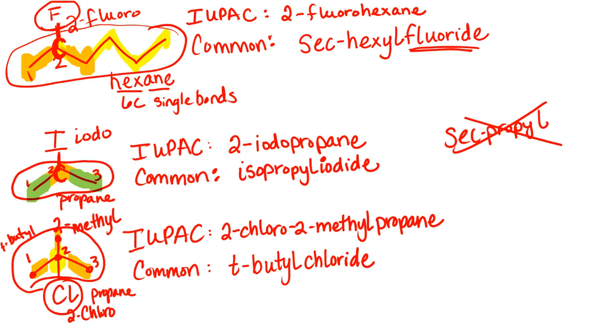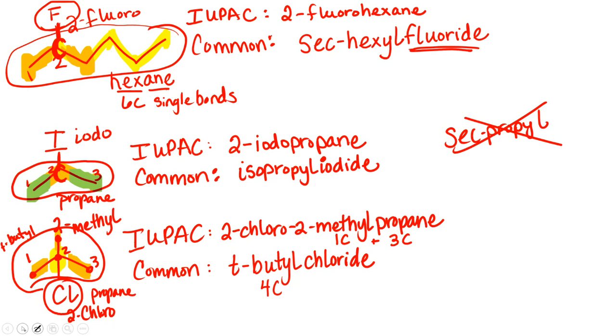So notice the contrast here. In IUPAC, chloro is the group. In common, chloride is the root. In common naming, all of the carbons come together to make one big 4-carbon alkyl group. In IUPAC naming, we had a 1-carbon group on a 3-carbon chain, and that does add up to a total of 4 carbons.